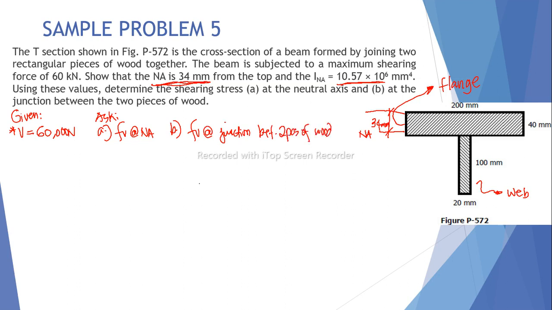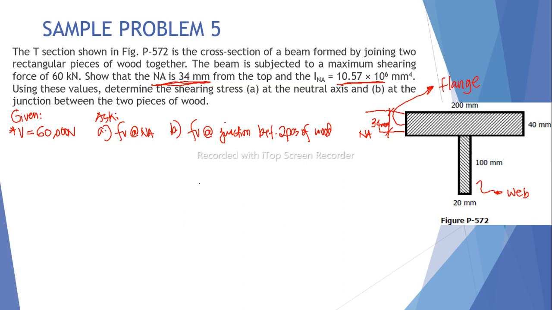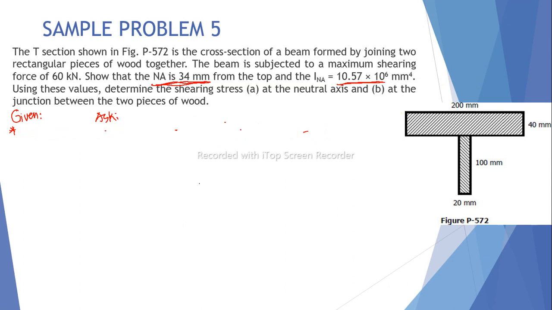If you notice, these are two pieces of wood that are simply connected, so we will find out what it is. Again, remember the top part lying flat is the flange, and the bottom is the web. Okay, so let's start. We have listed the given, so let's solve for what is being asked.